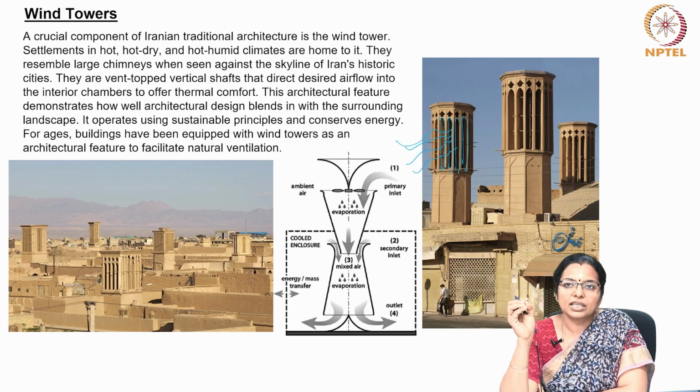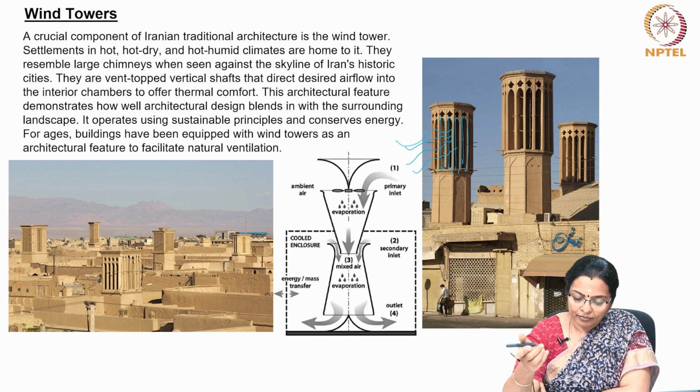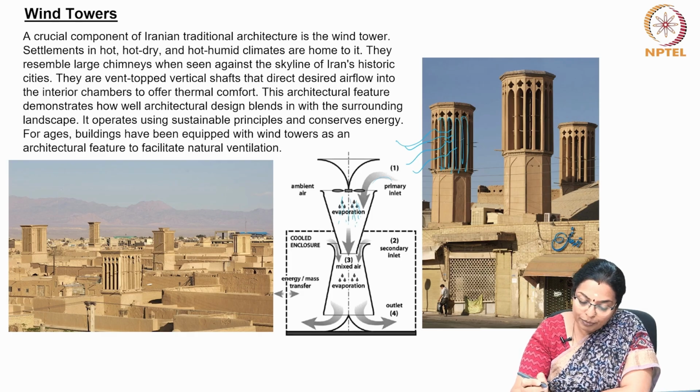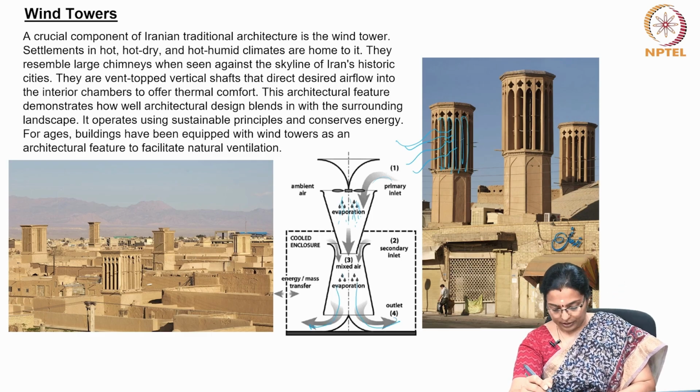This architectural feature shows how well architectural design blends with the surrounding landscape. As the air moves inside, there is some form for the water to humidify the air. It could be pots or it could be sprays, and then the air is diverted inside after it gets cooled.